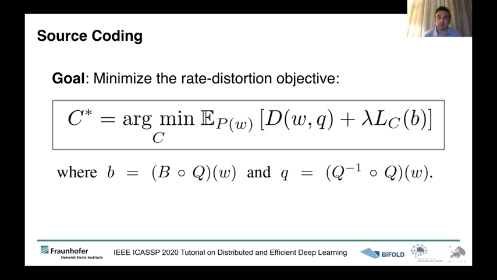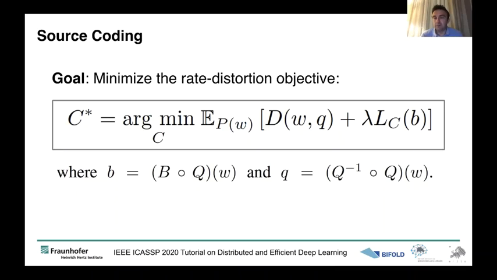So as we said before, B is a binary word or binary symbol. You get this from W by applying Q, by quantizing W, and then applying some binarization step.